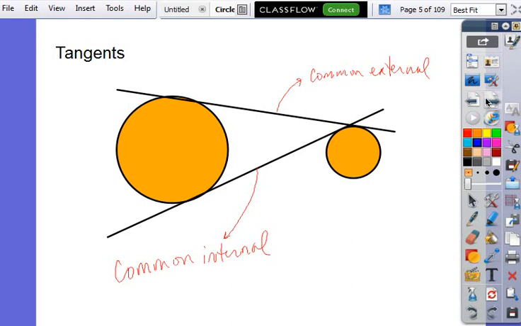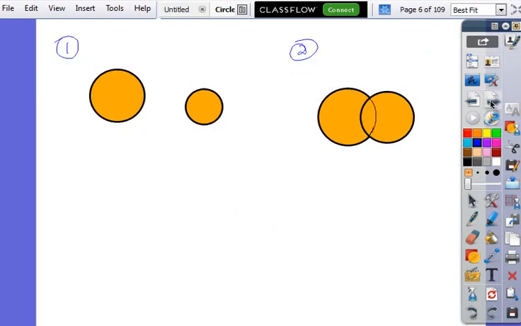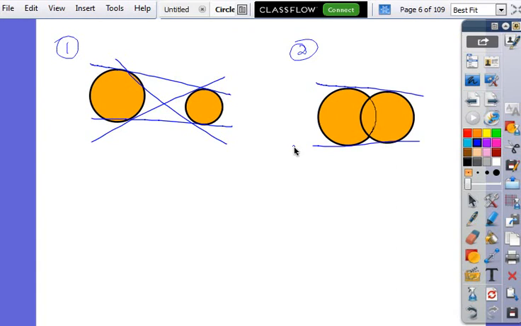How many common tangents does number 1 have? 4. 2 external, 2 internal. Number 2, 2 externals. So I got 4 there, 2 there.